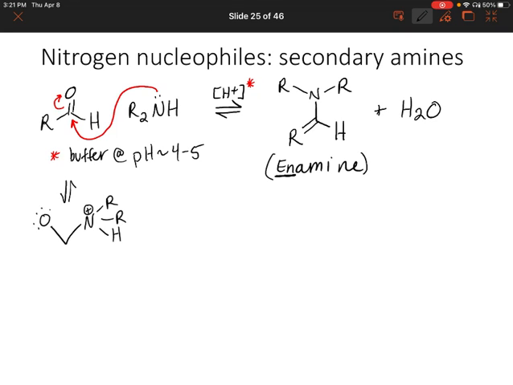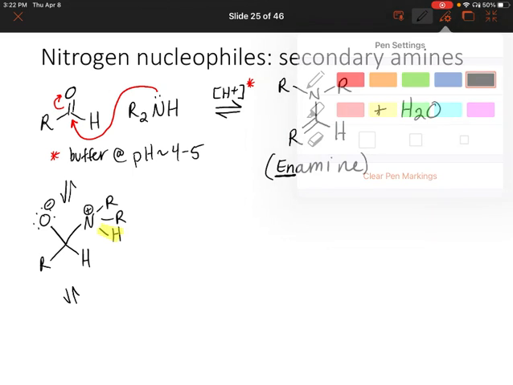So now we have a negatively charged oxygen, and then a positively charged nitrogen. Now in the next step, again, we're going to move that hydrogen over to oxygen.